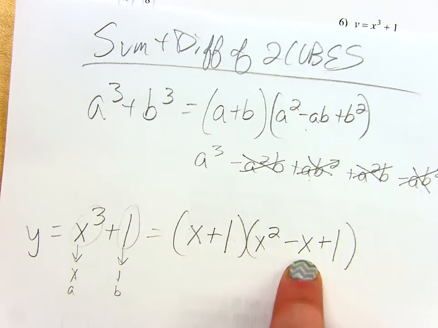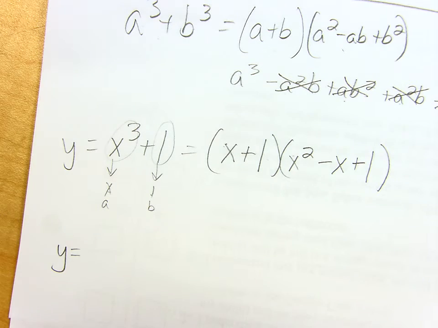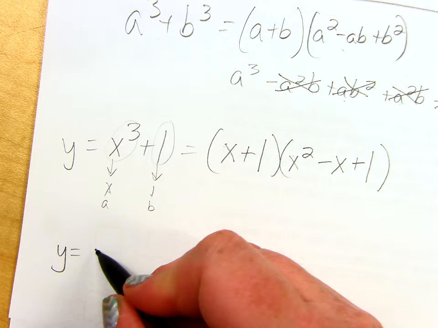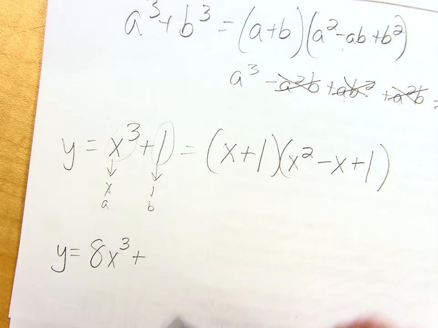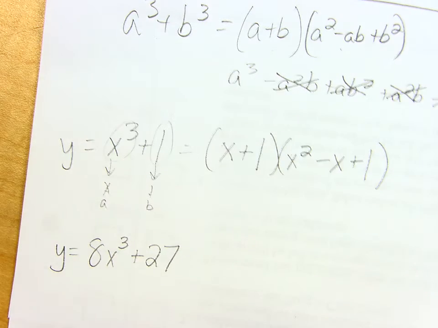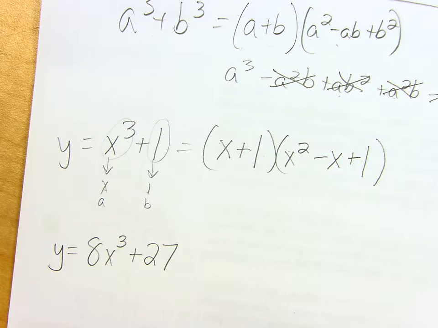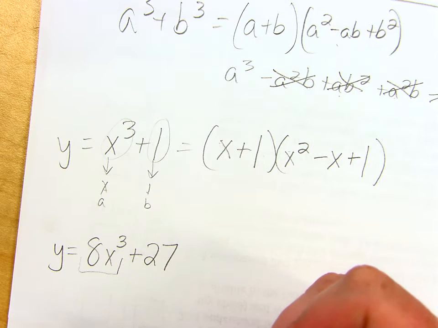Let's try one more example. Let's say you had something like 8x cubed plus 27. Is this first chunk a perfect cube?